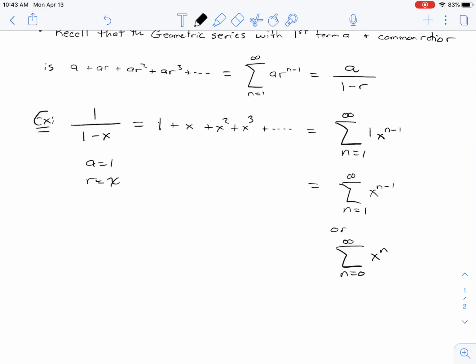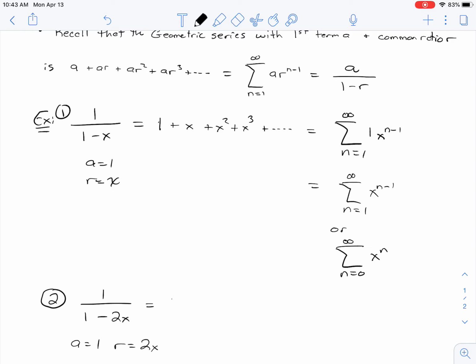Let's look at another example. All the examples we deal with at first are going to start out either with this form or with something close to it. So let's look at this example. Suppose we have 1 over 1 minus 2x. Okay, the only difference here is, in this case, our a is 1 and our r is 2x.